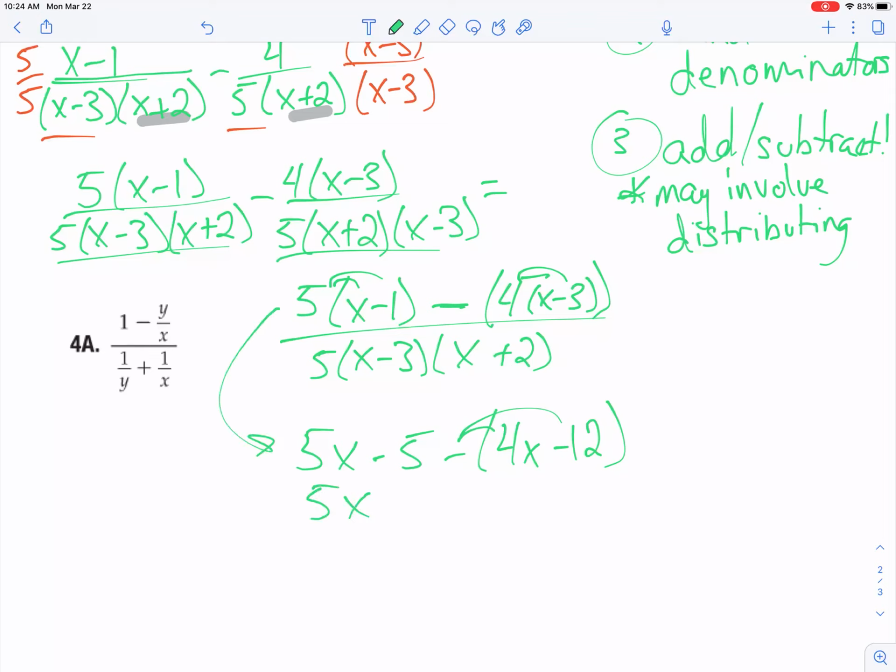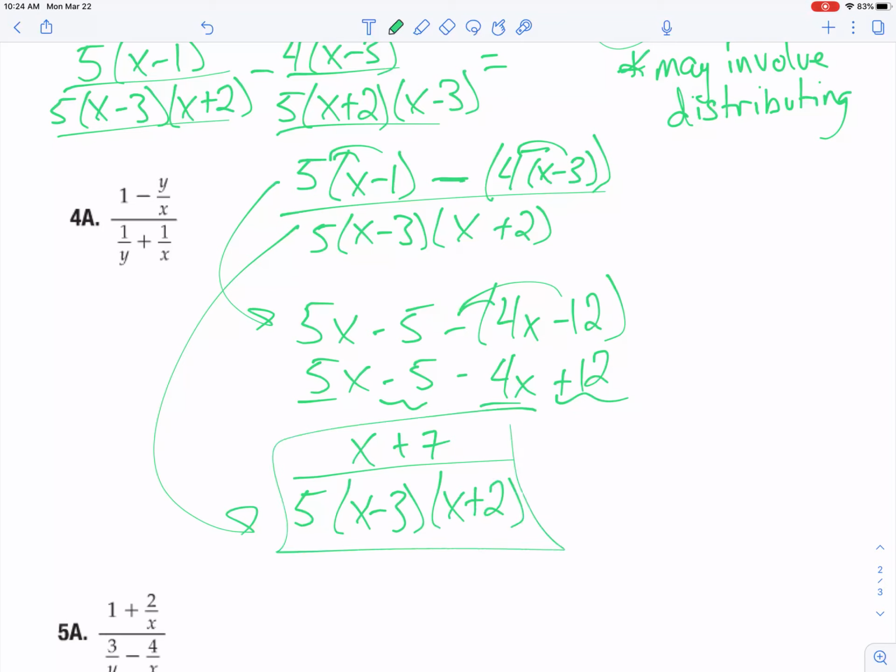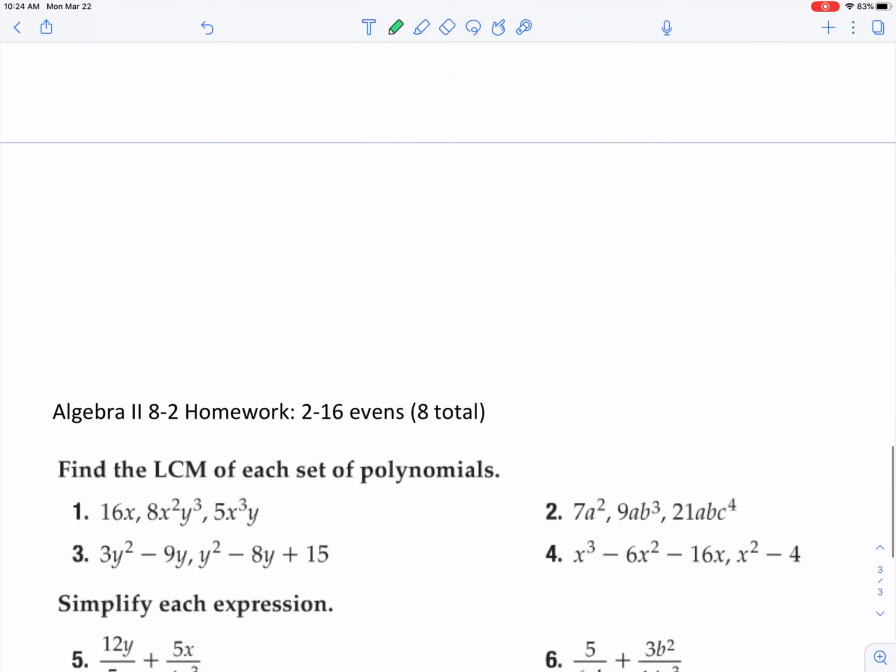So it would be 5x minus 5 minus 4x plus 12. This allows me to combine some like terms. So this will be x plus 7. Now that is going to go over the bottom. And that's your answer. And I believe that's all we're going to do for this one.